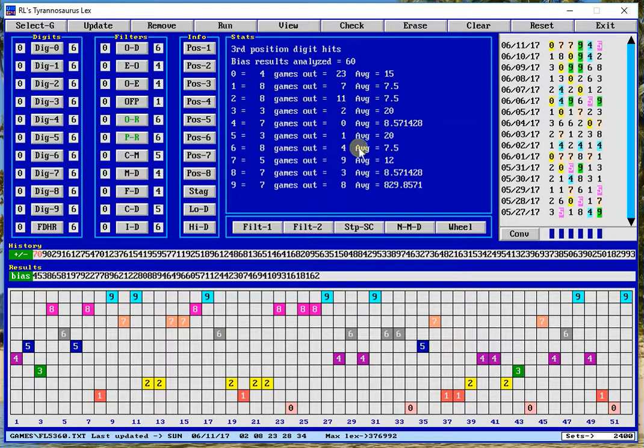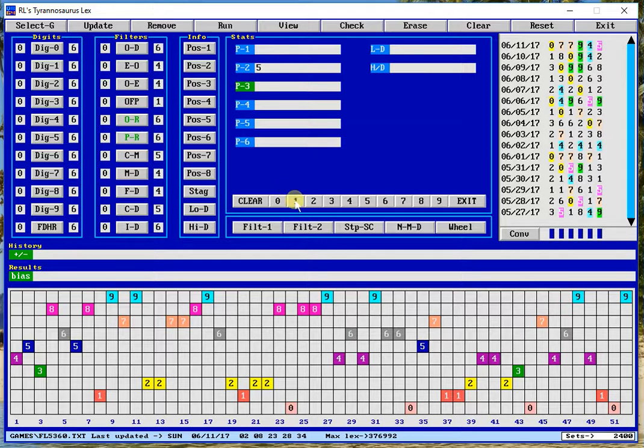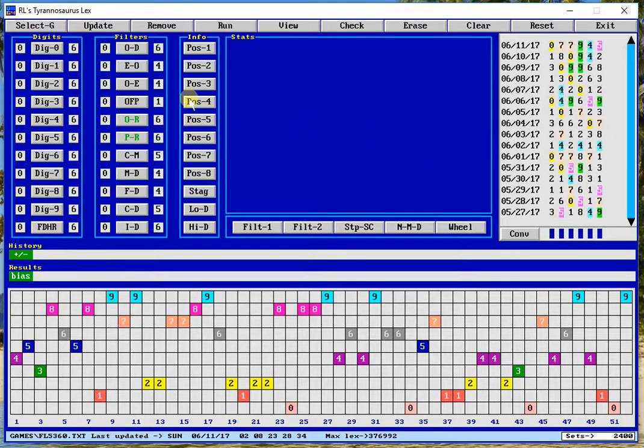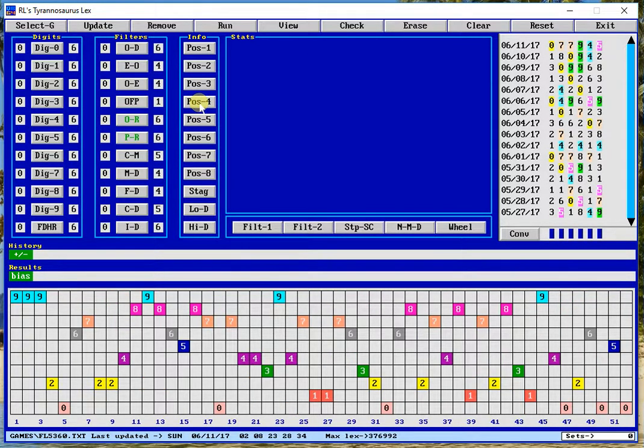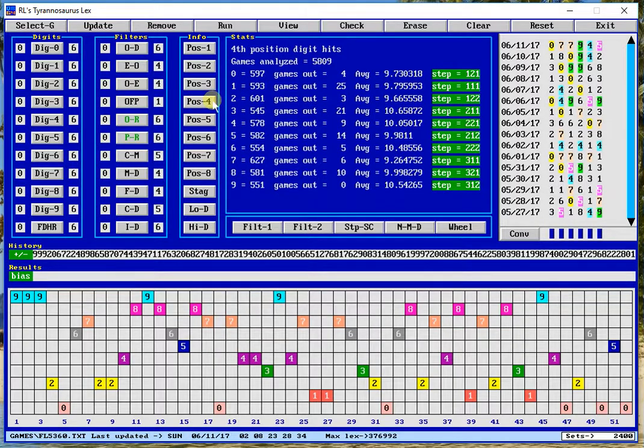And again, the 6 is 3.5 less than its average. I only pick the ones that are within 2 of their average. So I wouldn't really consider anything but a 1 in this next position. So I'd click a 1, and then go to the 4th position.